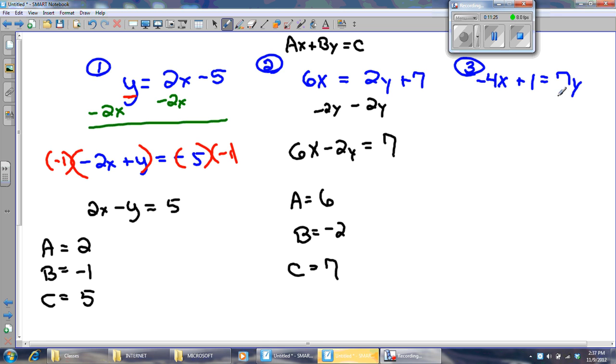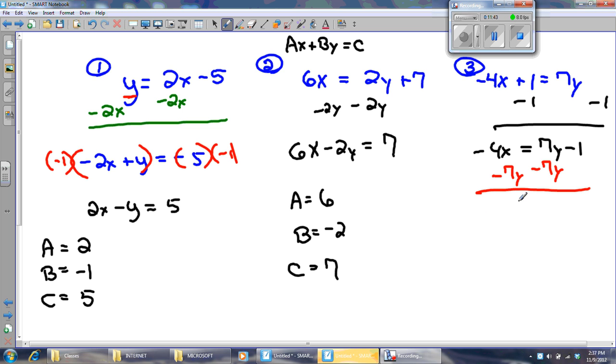All right, and this one, I don't like where the 1 is, so I'm going to subtract 1 from each side and get negative 4x equals 7y minus 1. And then I will subtract 7y and get negative 4x minus 7y equals negative 1.